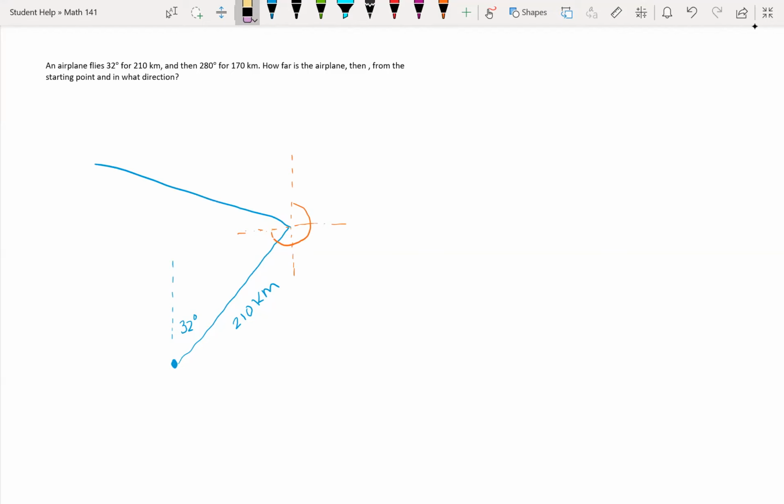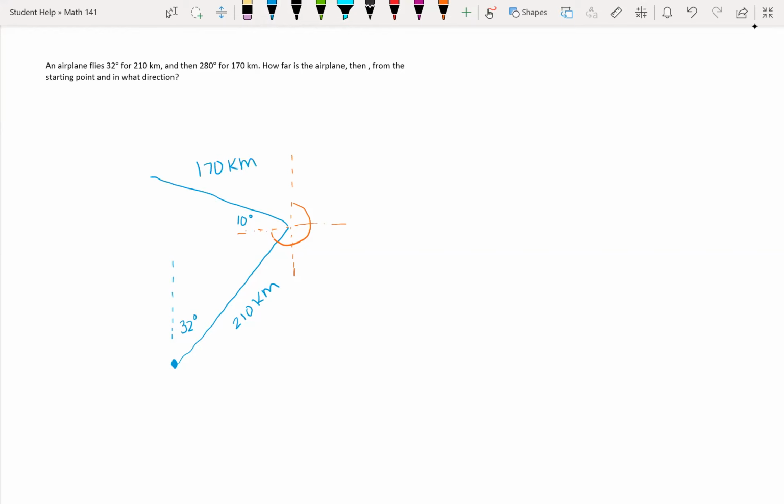This is 10 degrees right here in this little space, but that orange is going all the way around. That's going to be the 280 degrees. And then that distance the plane flies is 170. It's probably a little bit too long, right? 170 kilometers.